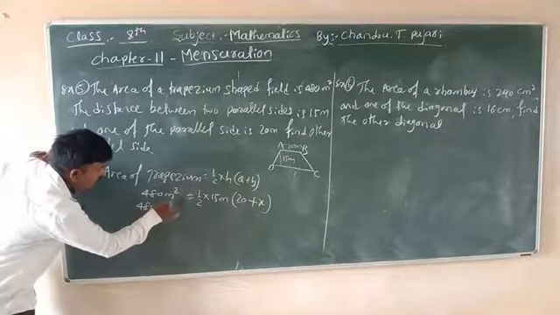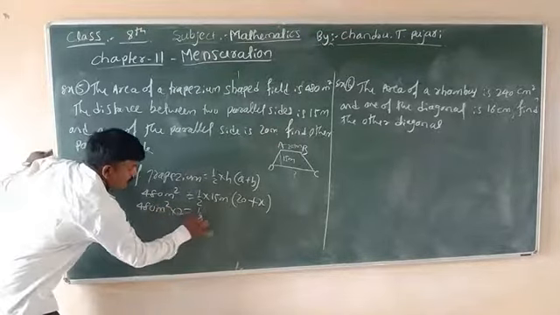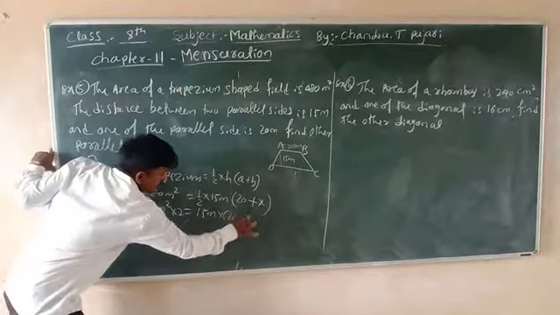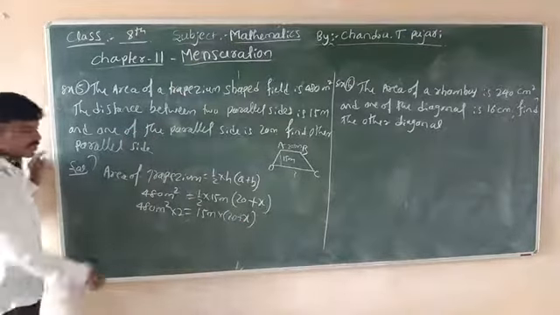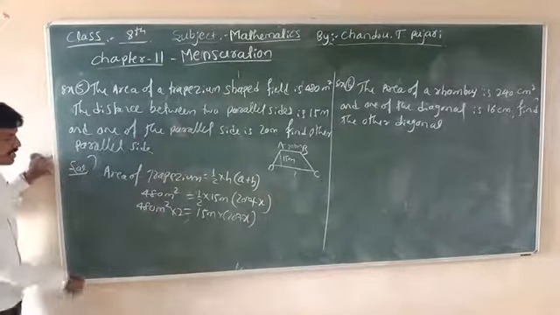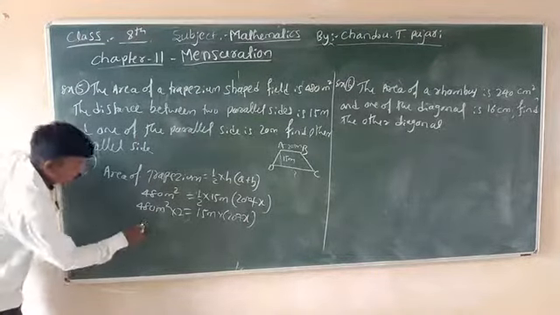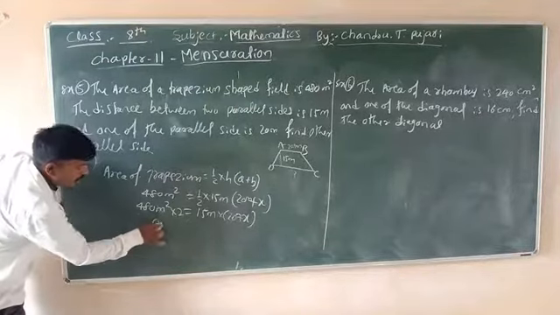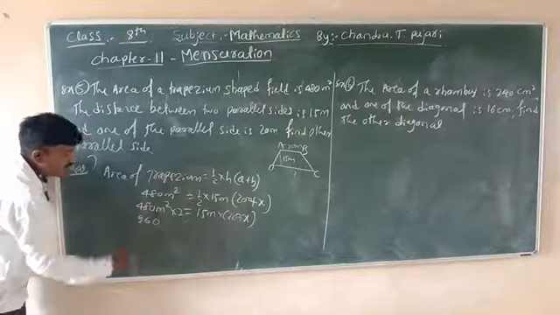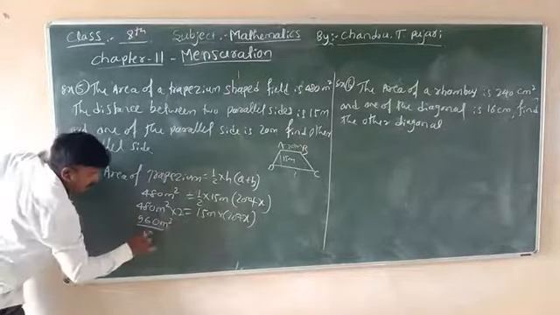480 meters square into 2 is equal to 15 meter into bracket of 20 plus x. Next simplification: 2 into 480 is 960. Divide both sides by 15 meter.